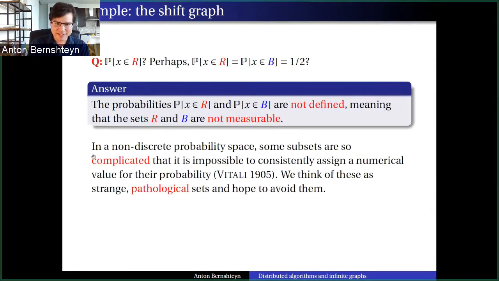These really pathological examples, in fact, any way of proving that they exist involves something called the axiom of choice, which is one of the accepted axioms of mathematics, but it's sort of the most notorious and suspect one. The reason is that it allows you to prove the existence of these weird sets, but moreover, it proves their existence without actually telling you what they are. It's really a pure existence result, very non-constructive.